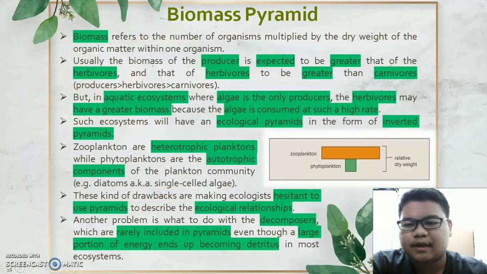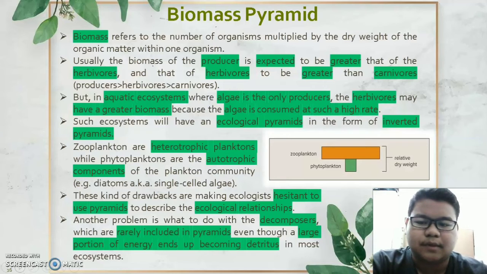Basically, producers have the greatest biomass, and carnivores have the lowest biomass. But in aquatic ecosystems where algae is the only producer, the herbivores may have a greater biomass because the algae is consumed at such a high rate. Such an ecosystem will have an ecological pyramid in the form of an inverted pyramid because of the difference in the biomass level.